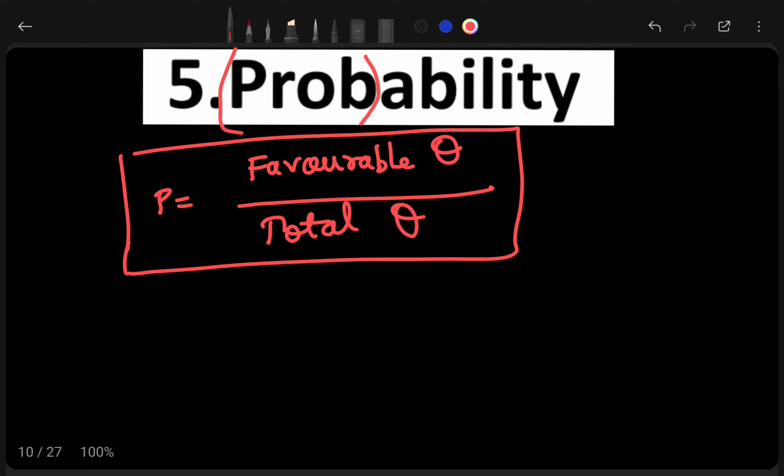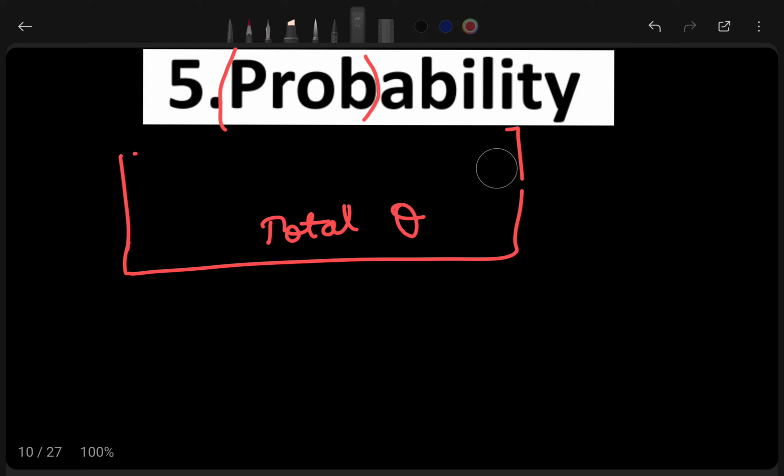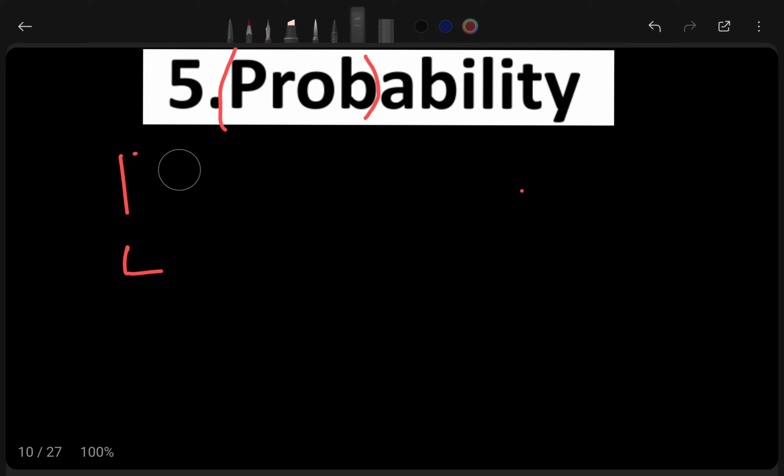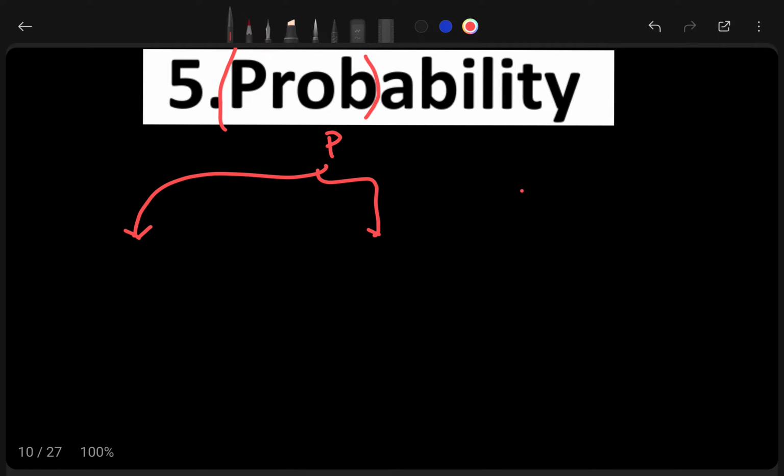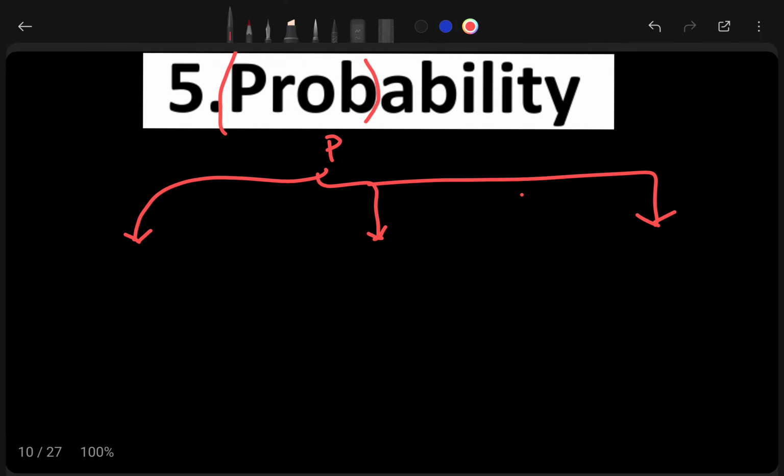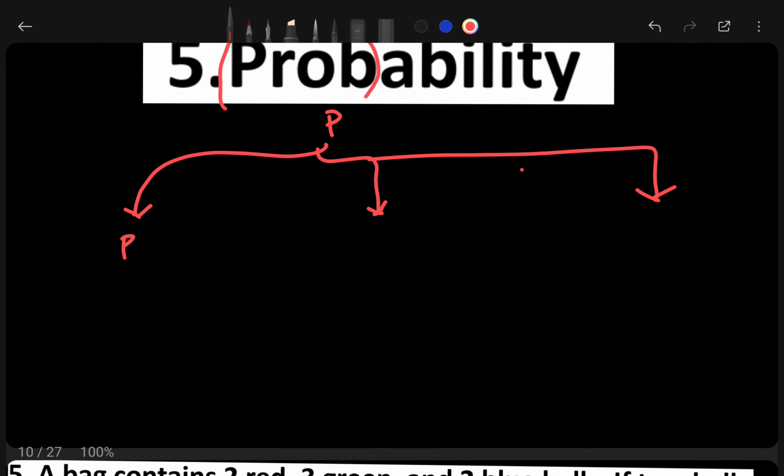Simple. See, in probability, he might ask us 3 different models. The first model he might ask is permutations and combinations again. He will be giving us one condition and he will be saying to find some particular ways.